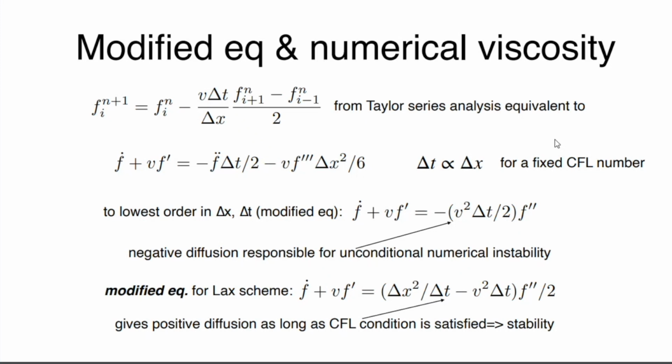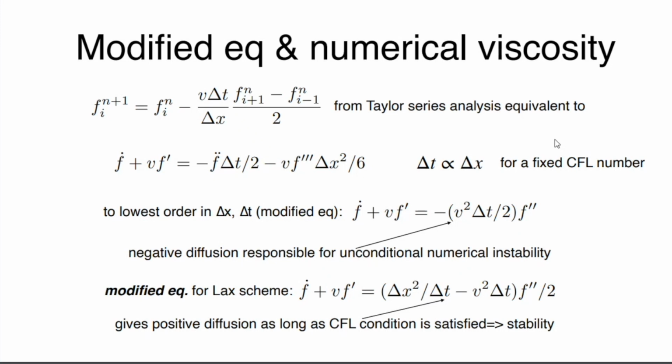If you plug that in here in terms of F dots and F primes, you can get what this finite difference equation is approximating. Which PDE is it approximating? This equal to 0 is the leading order equation that it is approximating. So if you put delta T and delta X to 0, you get the advection equation. But if you retain the first error terms and write it in terms of F double dots and F double primes, you have this. Okay.